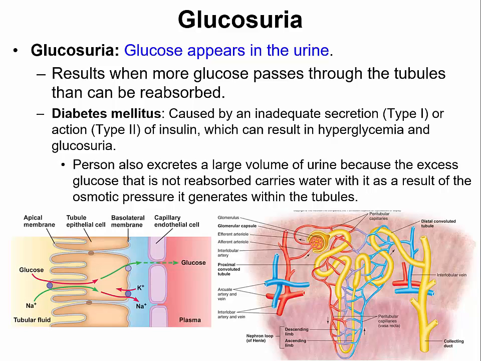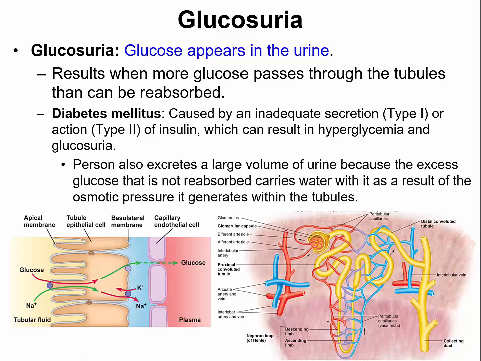So the person is also going to excrete large volumes of urine because excess glucose that is not absorbed from these renal tubules carries water with it as a result of the osmotic pressure it generates within the tubules. Because remember, in order to reabsorb water, you have to increase the solute concentration around the tubules so that water can move out by osmosis. Well, if you have excess glucose in the tubules, you're not going to reabsorb as much water because you're going to create a higher osmotic gradient inside the tubules than is normally there. And the person loses a lot of water.